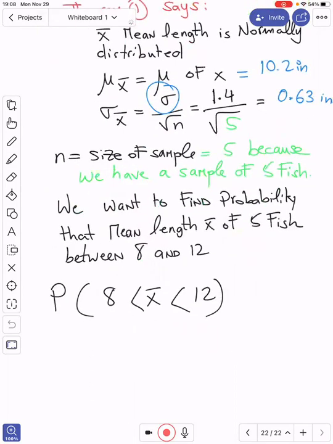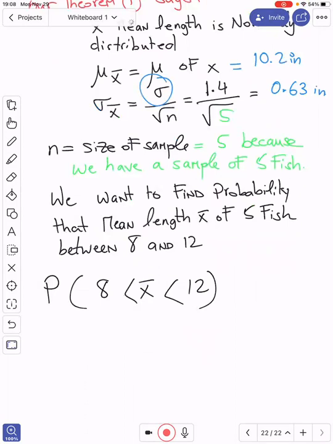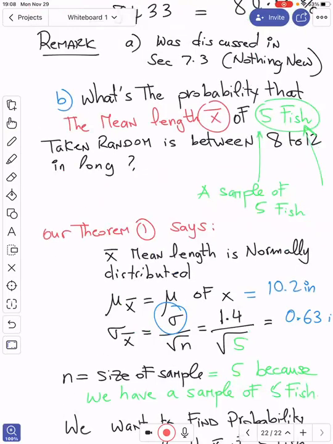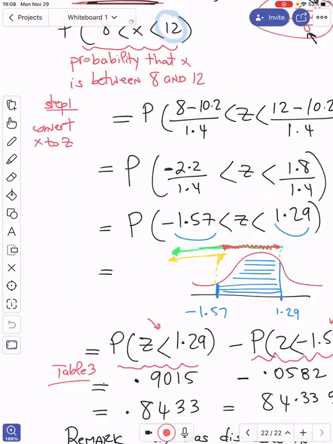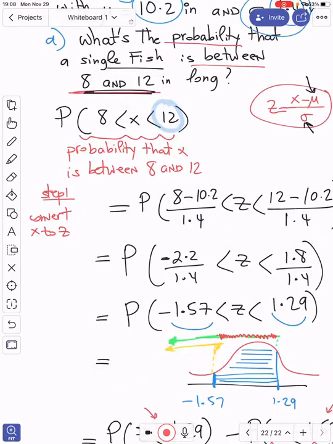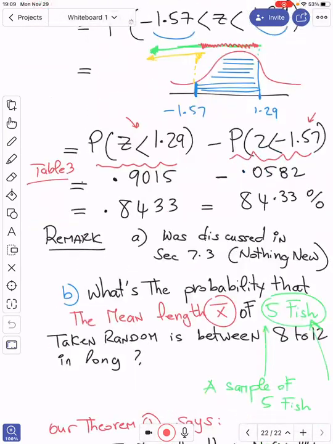All right, so that's the difference. In B, we are trying to apply our theorem, so we are saying this x bar follows a normal distribution. As usual, when we have a normal distribution, we're going to do exactly the same thing as in A. In A, your x follows the normal distribution, so we convert x to z, x minus mu over sigma, etc., and then use the table to find your answer.